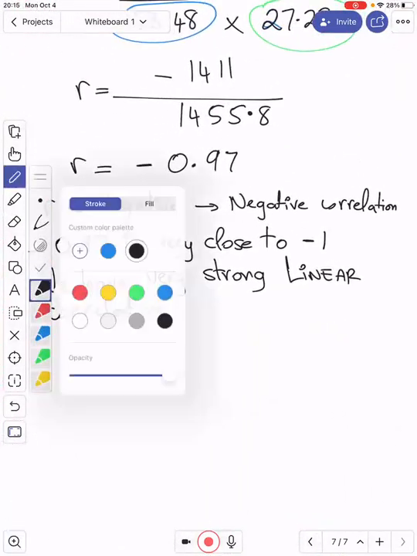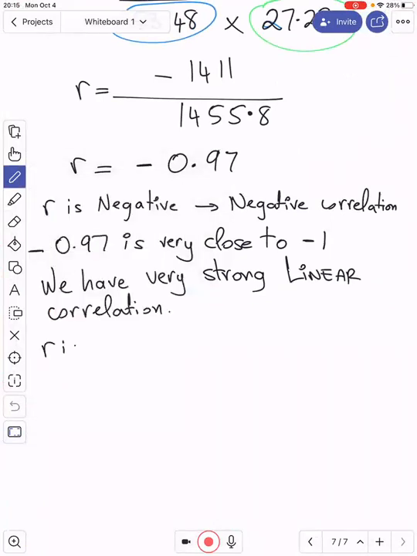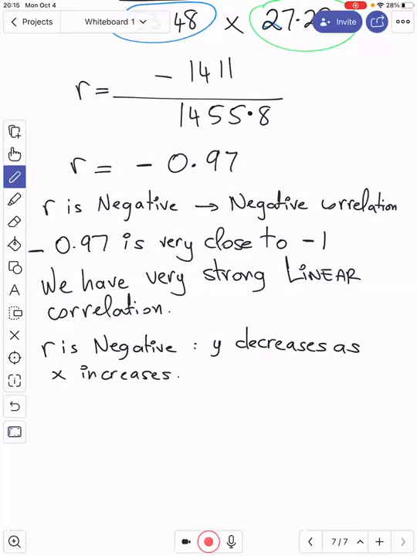So R is negative, so Y decreases as X increases, right? Because we have a line which goes down. Y is the number of muggings, and X is the number of police officers on duty, right?